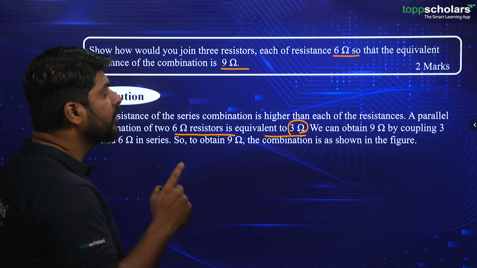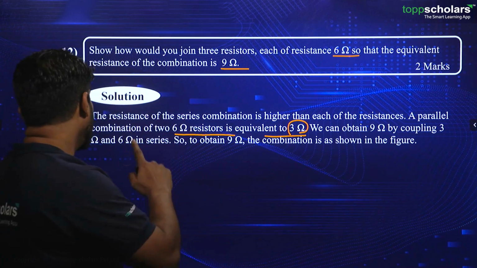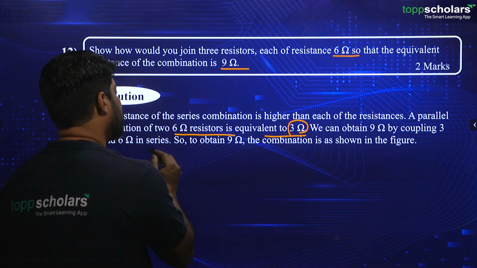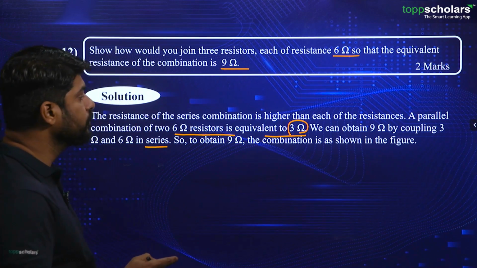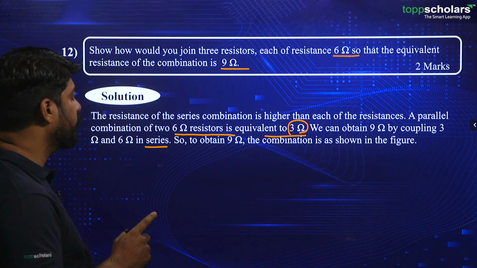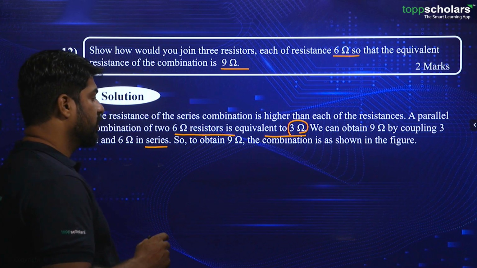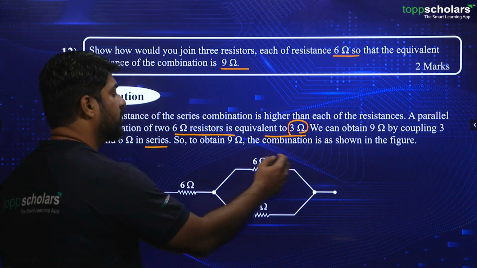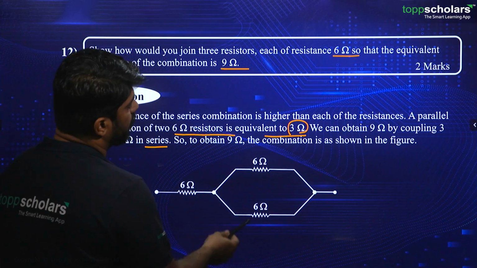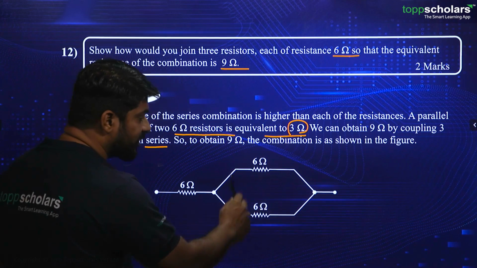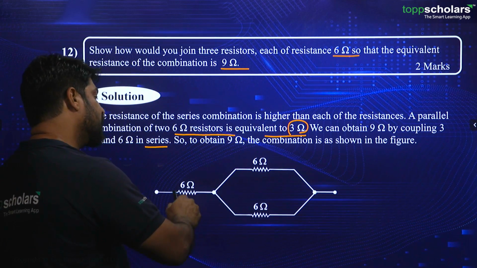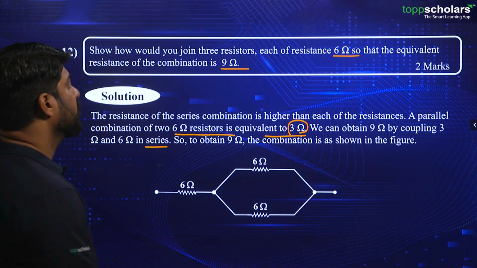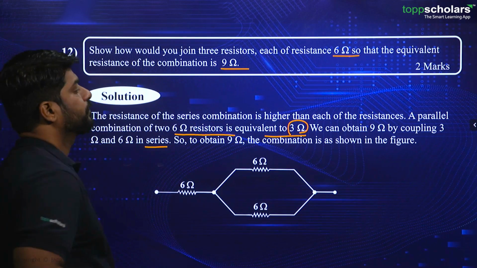Then we can obtain 9 ohm by coupling 3 ohm and 6 ohm in series. So to obtain 9 ohm, the combination is as shown in the figure. 6 ohm, 6 ohm gives us 3 ohm, and 3 plus 6 we get 9. So in this way we get this number.